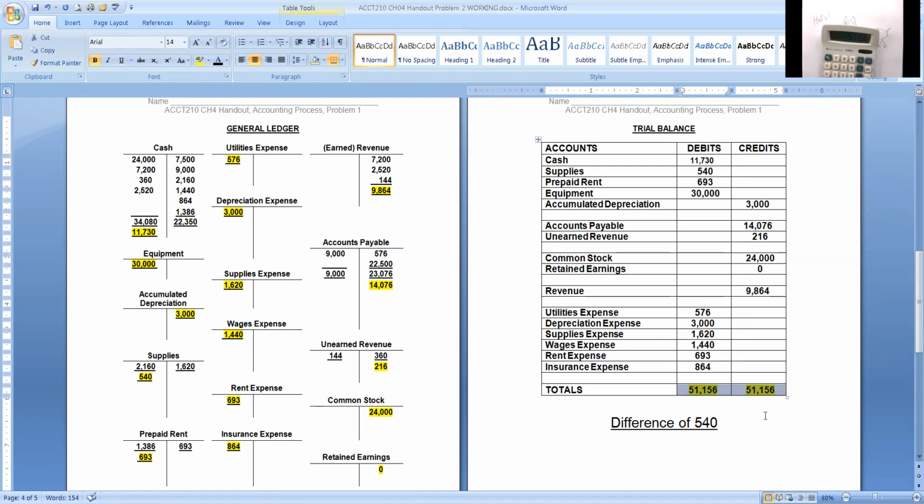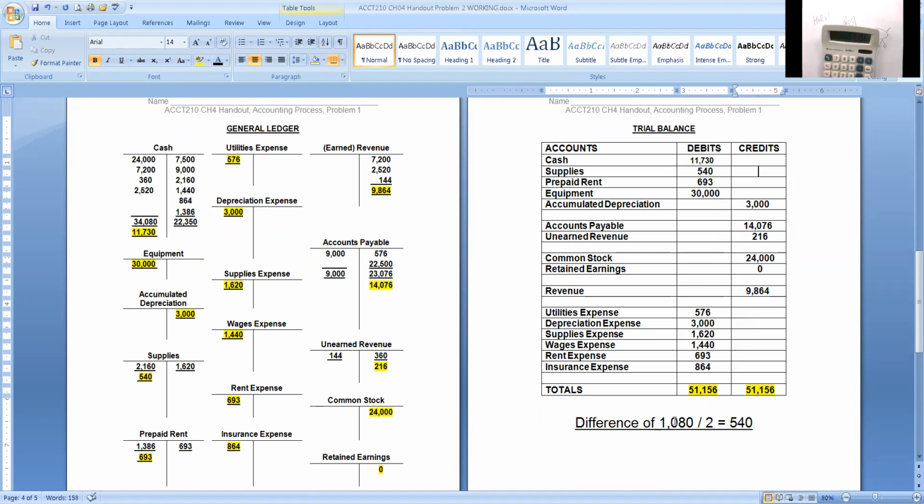Now, if you have more than one thing off, if it's off by twice as much, instead of 540, if this was off by 1080, you look through, you go, there's no 1080. Sometimes if you cut it in half, if you put a debit on the credit side or vice versa, if I was to put this 540 over here, the debit side would be too low by 540 and the credit side would be too high by 540.